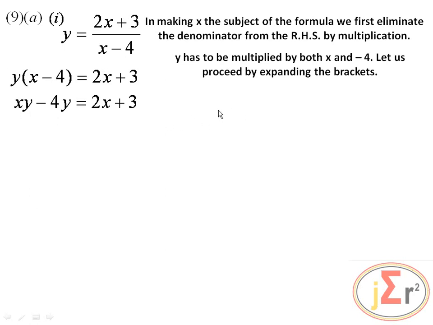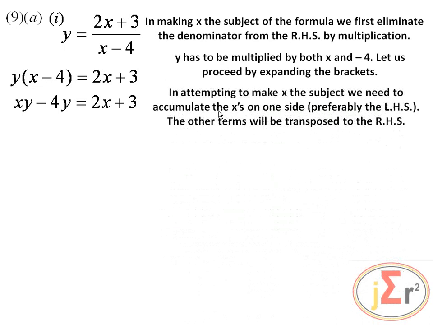And then what do we know? We are attempting to make x the subject. Therefore, we need to accumulate the x's on one side. Preferably, in this particular case, the left-hand side. It is not always the most convenient thing to do to accumulate them on the left-hand side, but in this particular case, it is the best thing to do. Then the other terms will be transposed to the right-hand side.